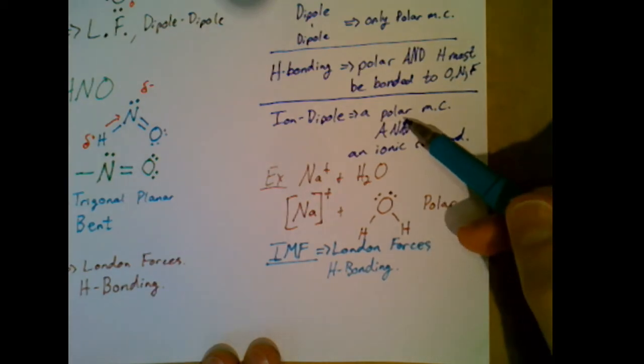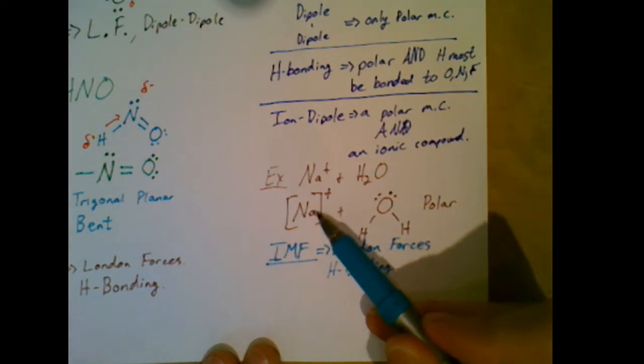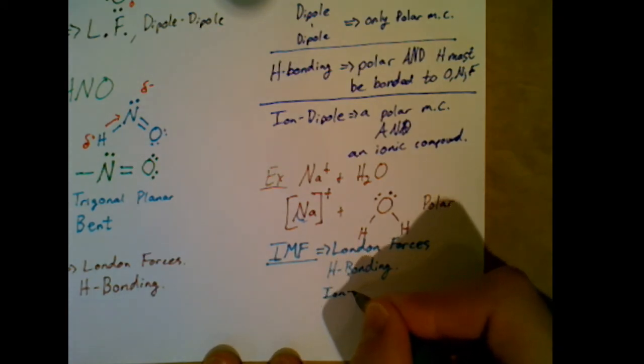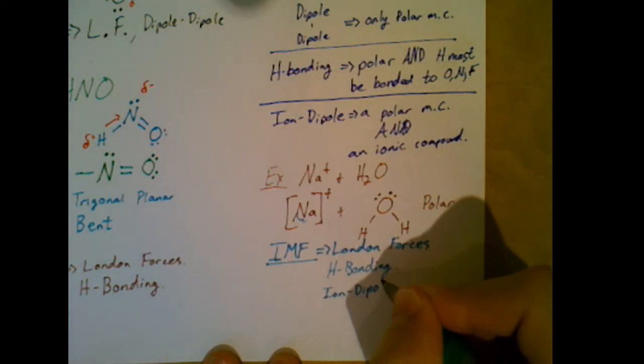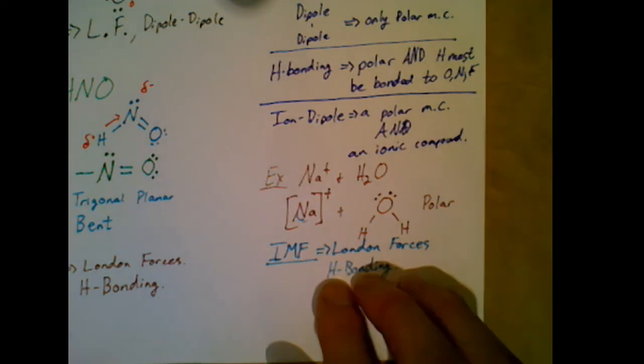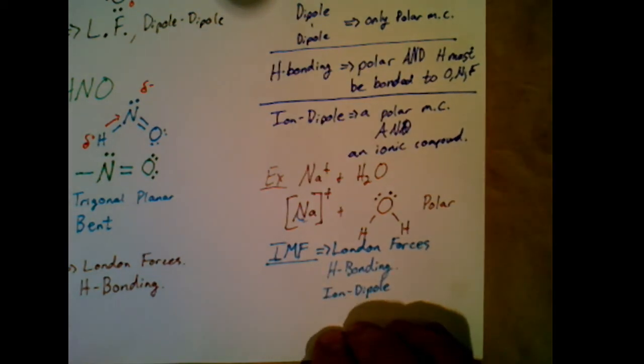But we also have a polar compound and an ionic substance. So in this case, there is ion dipole forces. It's the only time you can have ion dipole forces, when you have a mixture of an ionic substance and a polar compound.